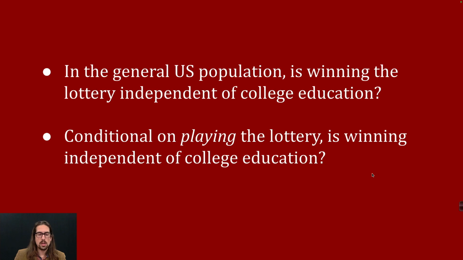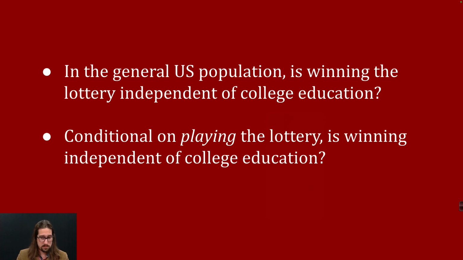All right, so let's go back to an example that we looked at the beginning of the lecture, which is that we were asking, is winning the lottery independent of college education? And perhaps paradoxically, we saw that these things are not independent.